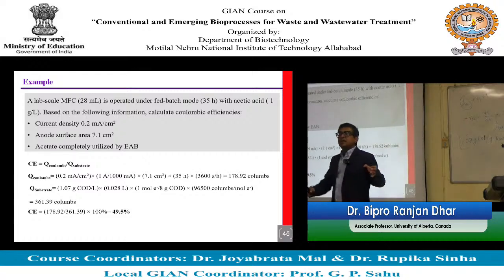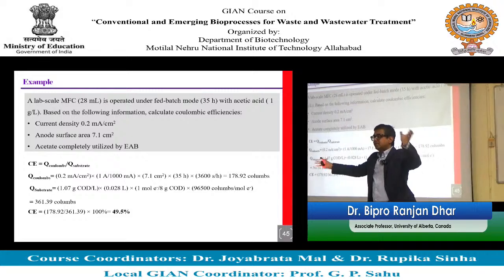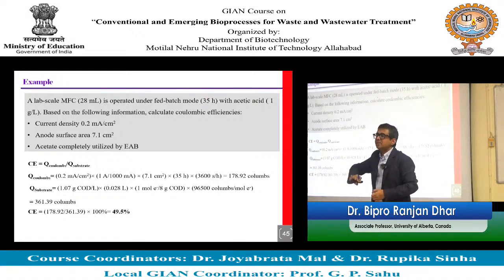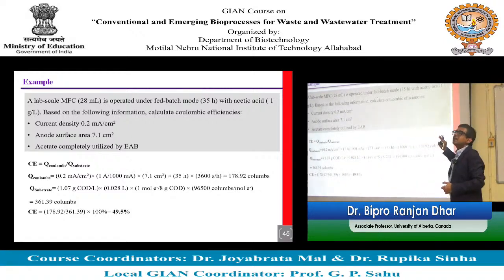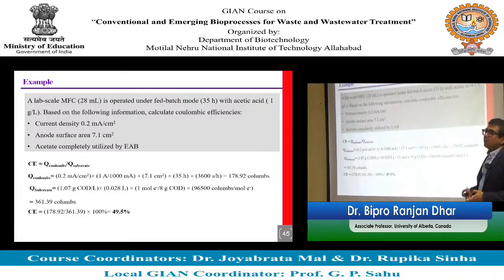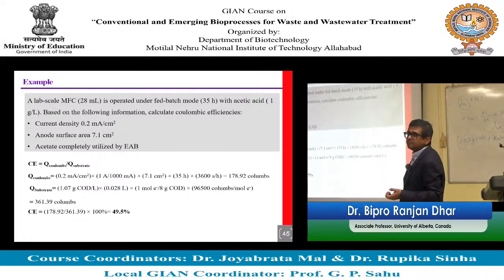That means 50% of the COD went for something else, cell synthesis, maybe utilized by other non-EAB microbes, and only 50% we recovered as current in the system. That also allows us to estimate what Fe naught is.